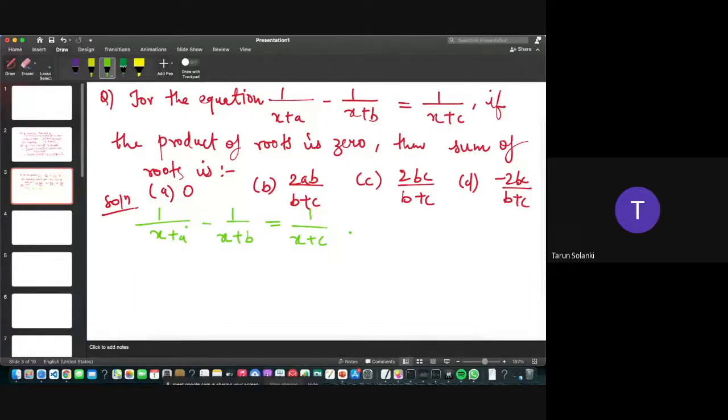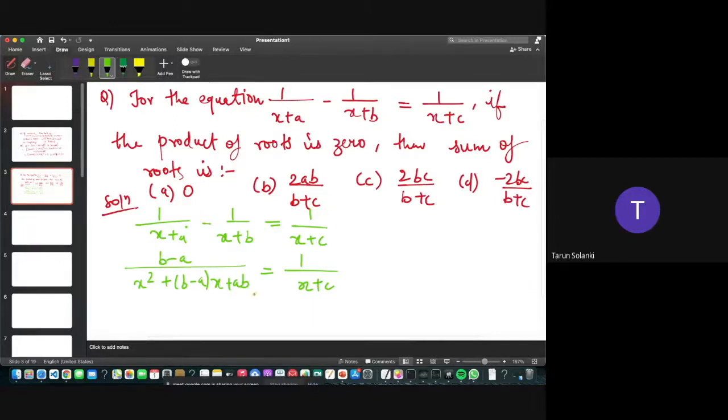If we notice both sides, LHS and RHS, here c will always be greater, right? So now we will write (b minus a) x square plus (b minus a) x plus ab, which is equal to x plus c.